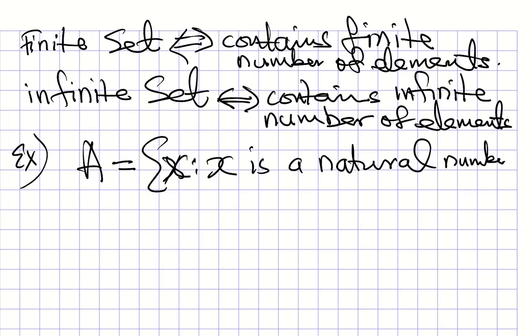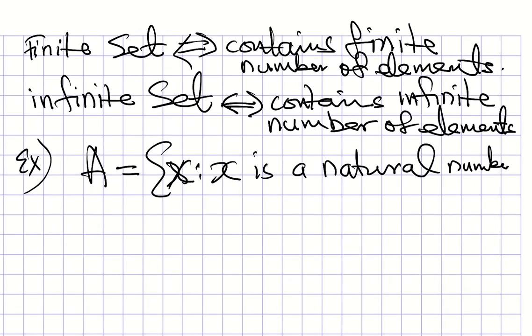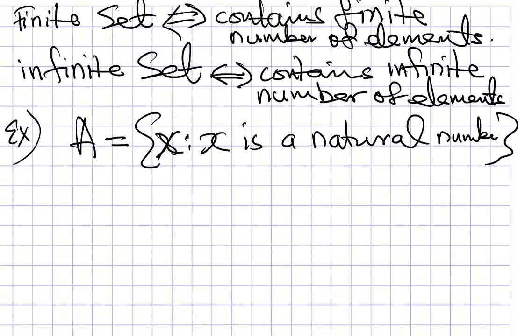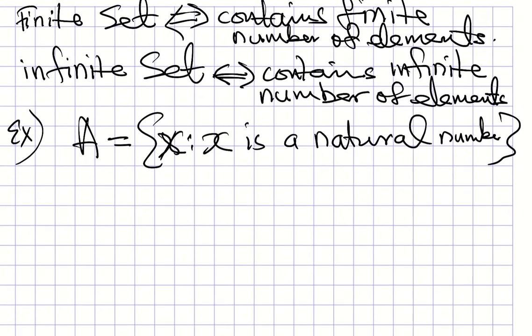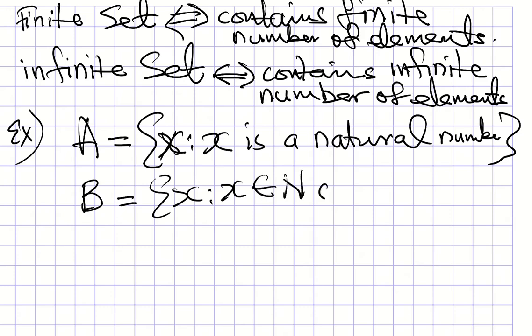So what does that mean? Okay, look at another set. B is equals to x such that x is still a natural number and x is less than 10.